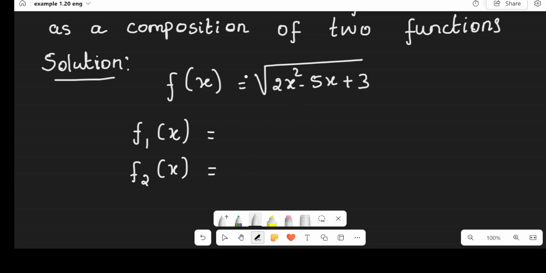So just listen to this composition. We have to split it into two functions. If you are splitting this whole composition into two functions, let's say one function is the square root of, and the second function is this expression.